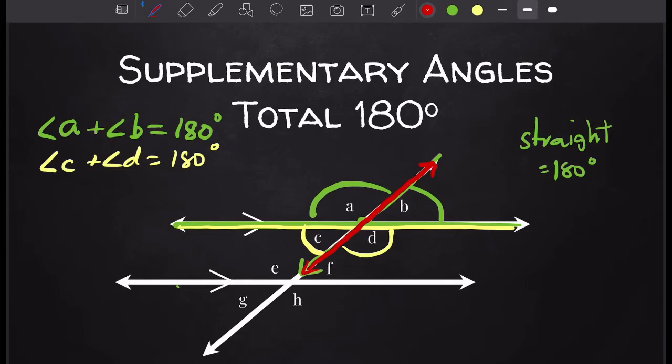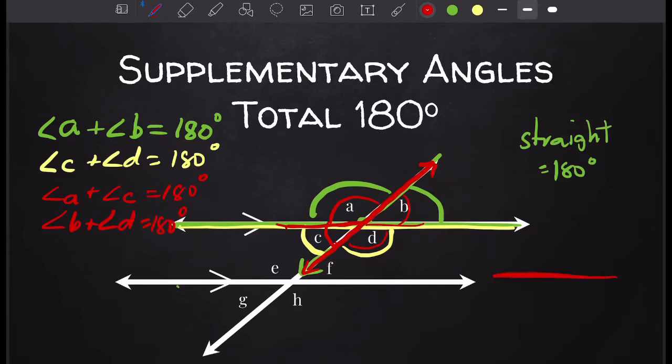Now you can see angle A and angle C, that is what divides them. Angle A and angle C are supplementary again. And what else is supplementary? The opposite, angle B and angle D. Angle B plus angle D equals 180 degrees.